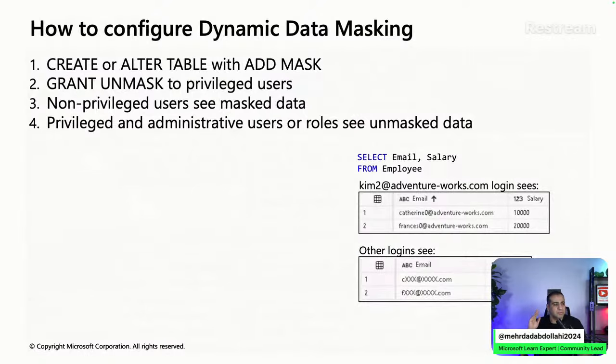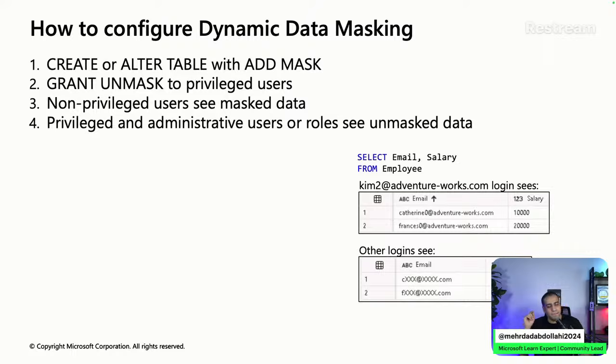So, how do we configure dynamic data masking? It is going to happen at the table level, right? When you are creating or modifying a table, you are going to add that mask.